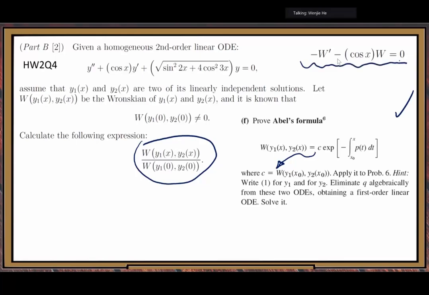Because we want to understand why this formula is correct, we want to prove it. And the hint gives the idea of how to prove it. So we want to go through it. Solving this simple ODE, everybody can do it easily.